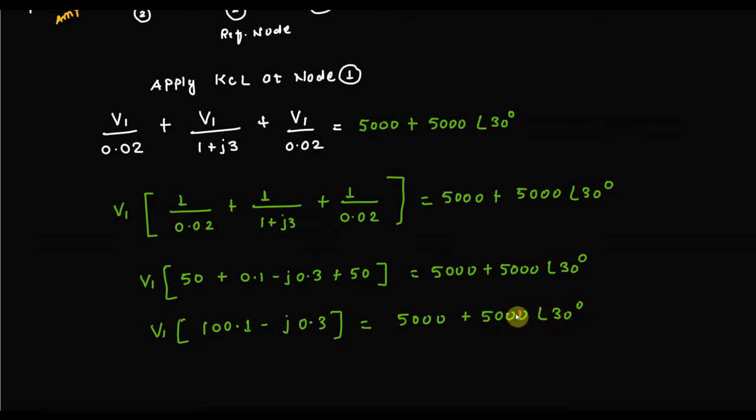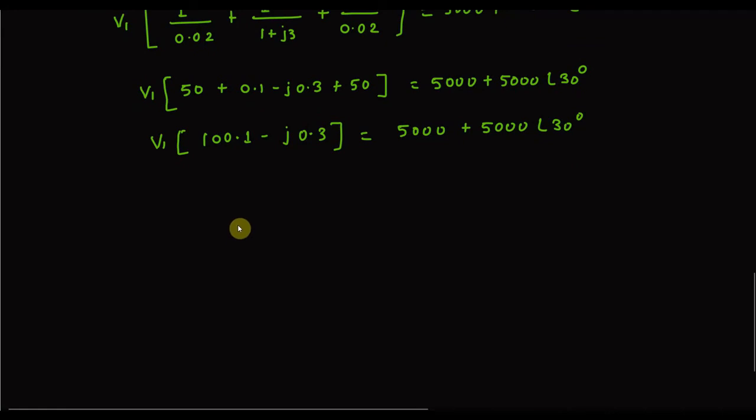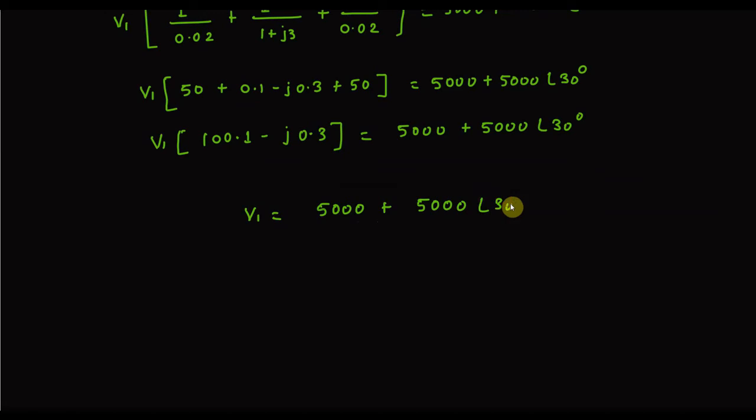So now you can easily get the value of the voltage across the node, V1. V1 comes out to be 5000 plus 5000 at an angle 30 divided by 100.1 minus j 0.3.